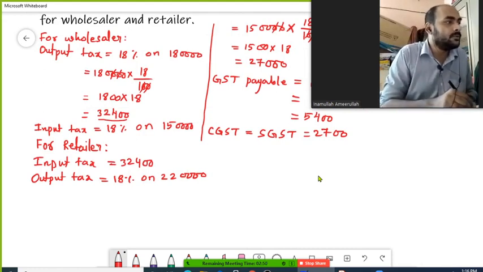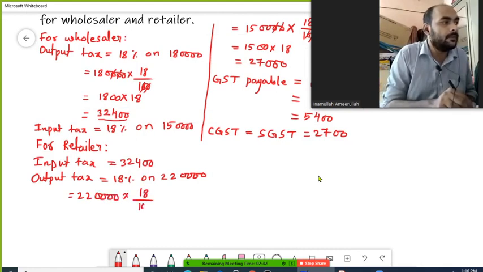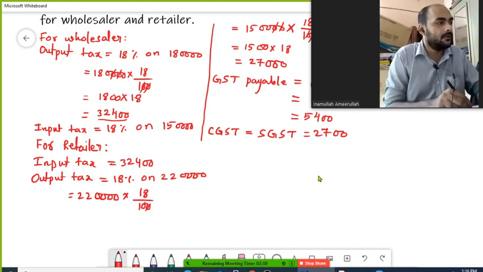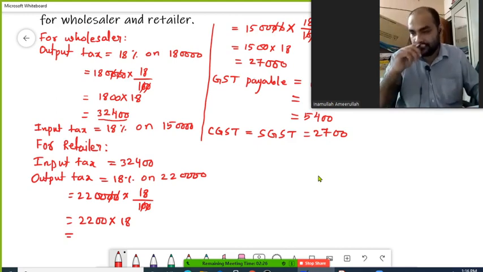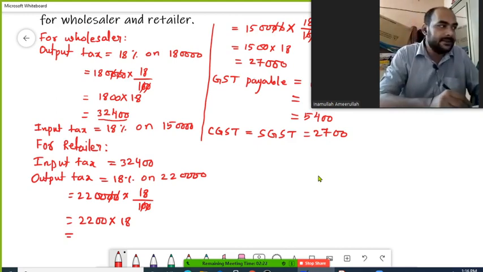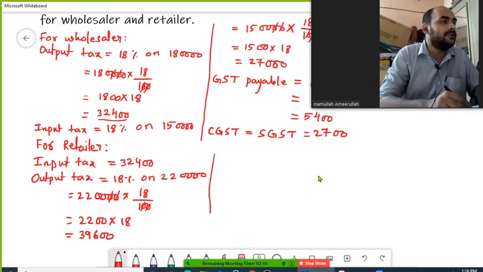So this would be 2,20,000 into 18 upon 100. So we will get 2,200 into 18, which is 39,600. This is the output tax of the retailer.